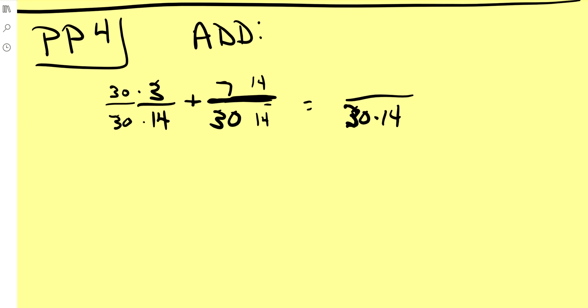And then when I look at my numerators, here I've got 30 times 3, which is 90, and I'm going to add 90 to 7 times 14. And what is that? 70, 80, 98. That's 98. Okay, then I could say what's 90 plus 98 is 188. 188.